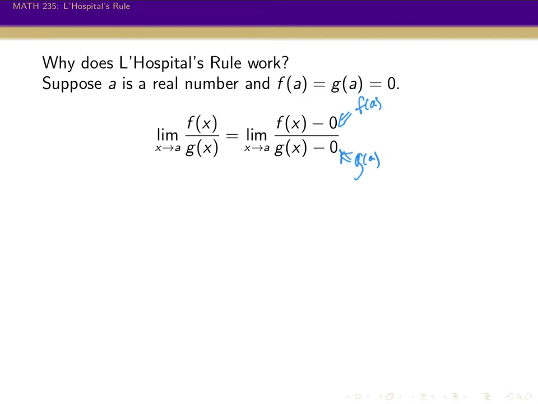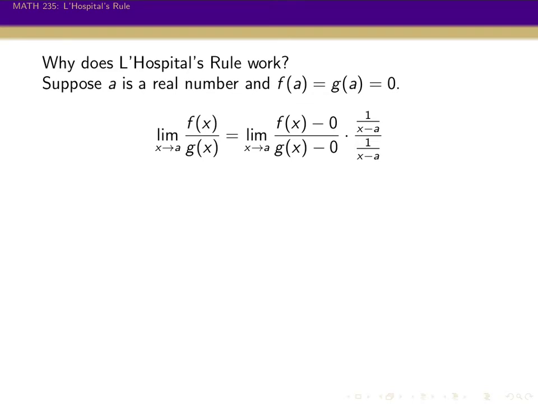Now, I want to make this look like the derivative in some way. And so what I'm going to do is multiply the top and bottom by 1 divided by x minus a. Because I'm multiplying the top and bottom, really I'm multiplying by 1 here. And because we're taking the limit as x goes to a, we're not actually at a, we don't have to worry about dividing by 0 here.